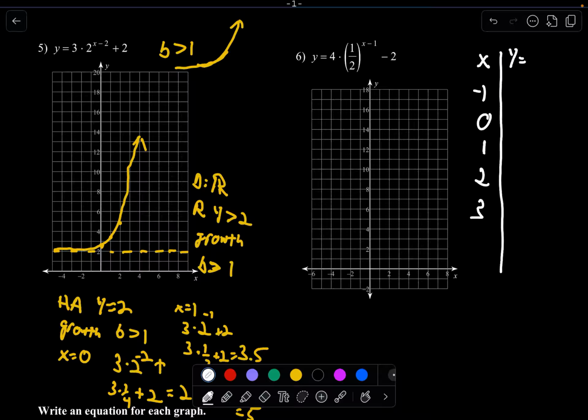Again, I'm looking at the exponent because I want this exponent to be centered around 0. And so we figure out what the x value is that makes that happen.